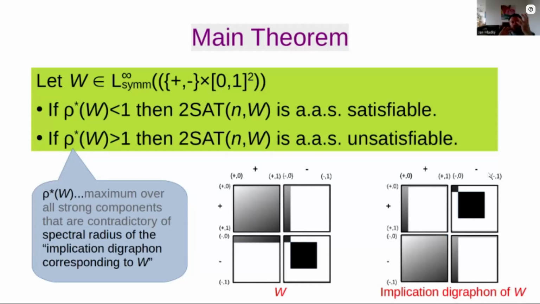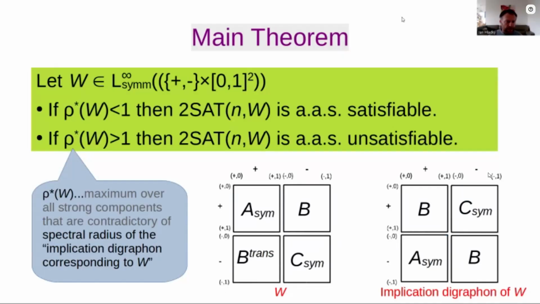It is some sort of transposition which mimics the transposition that happens when you transform a Boolean formula, which is a symmetric thing. If you have a clause x1 or x4, then you think of the transposed clause x4 or x1 being there as well. There is this symmetry there. But what it very quickly leads to is this asymmetric implication digraphon.